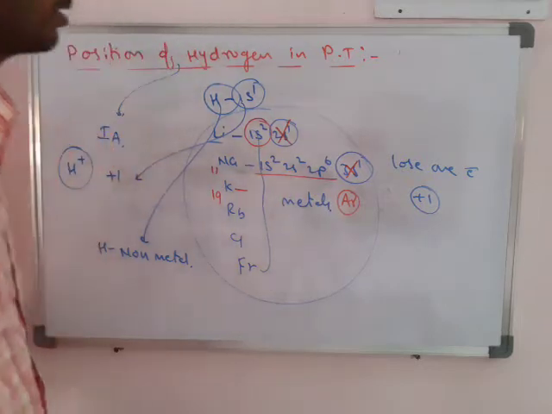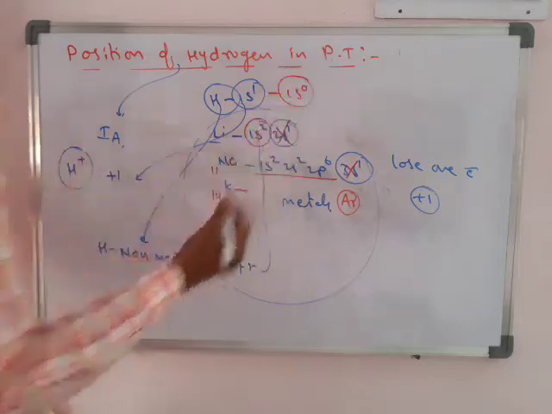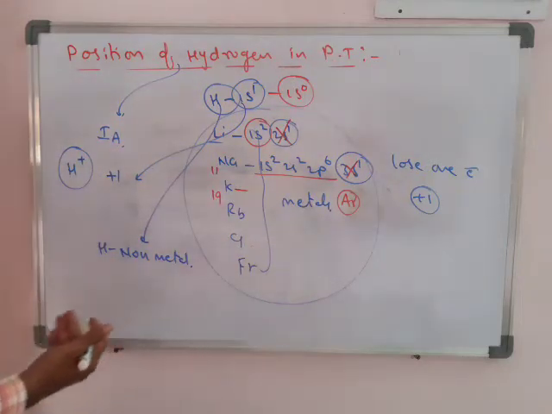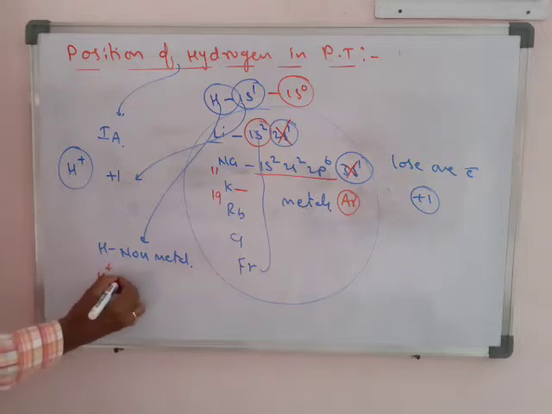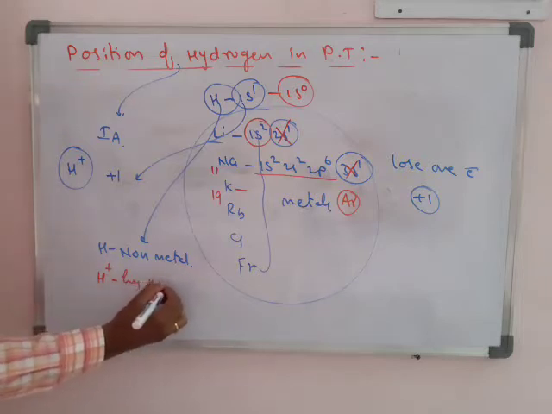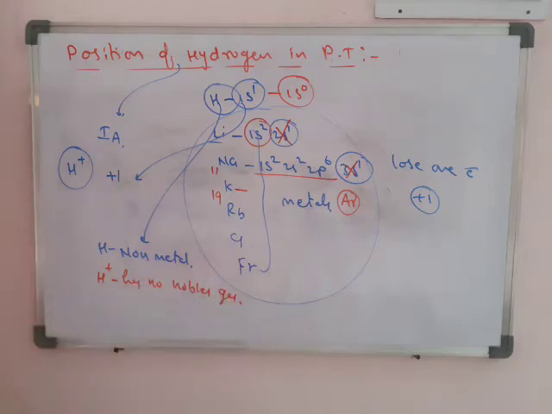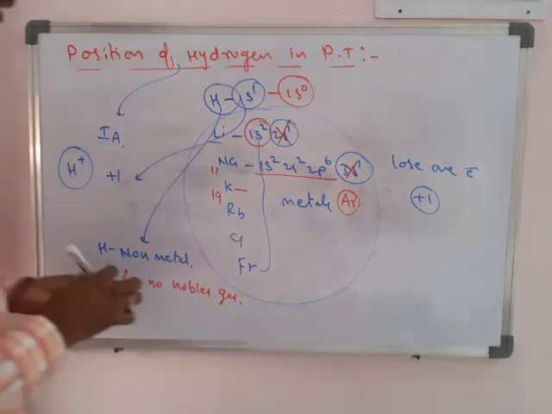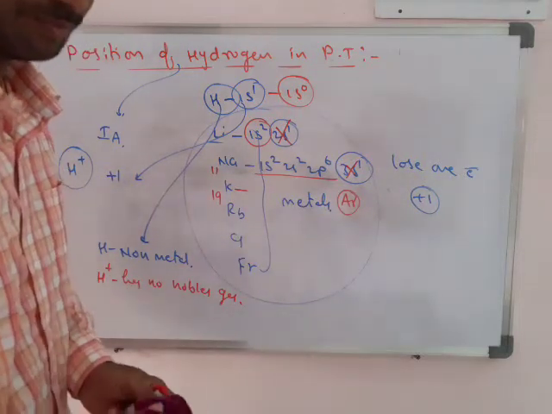But when hydrogen loses 1 electron, it just becomes 1s0, which means there is no configuration. H plus has no noble gas configuration, but the other elements get a noble gas configuration and have the choice of becoming stable.